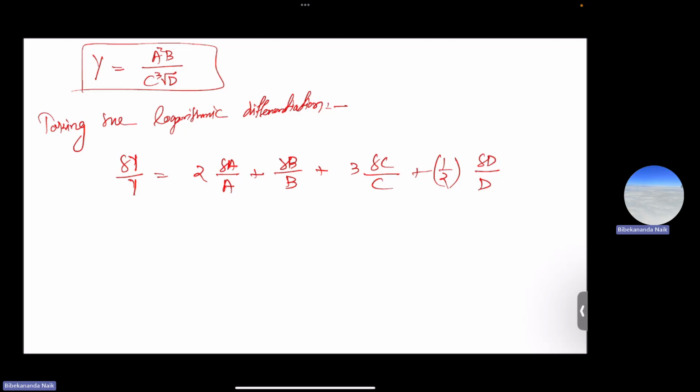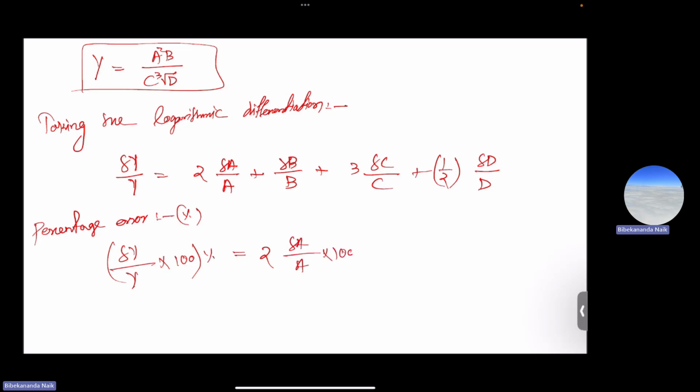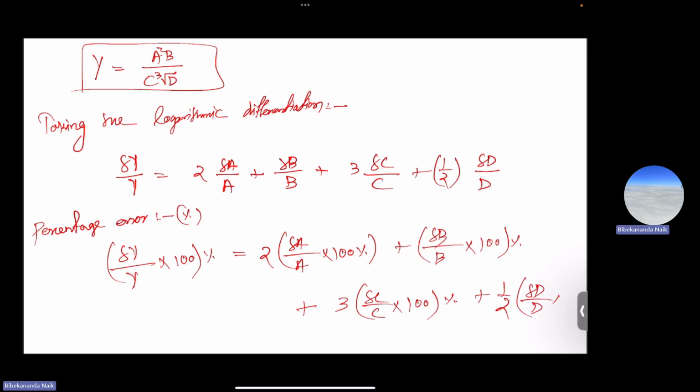So what will be the percentage error? The percentage error will be del y by y into 100% equals 2 del a by a into 100% plus del b by b into 100% plus 3 del c by c into 100% plus half del d by d into 100%.